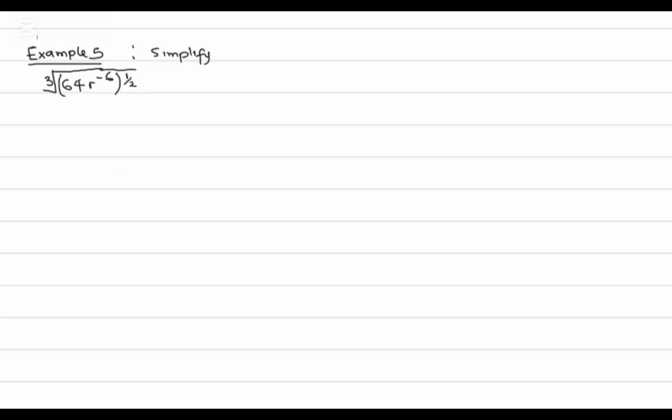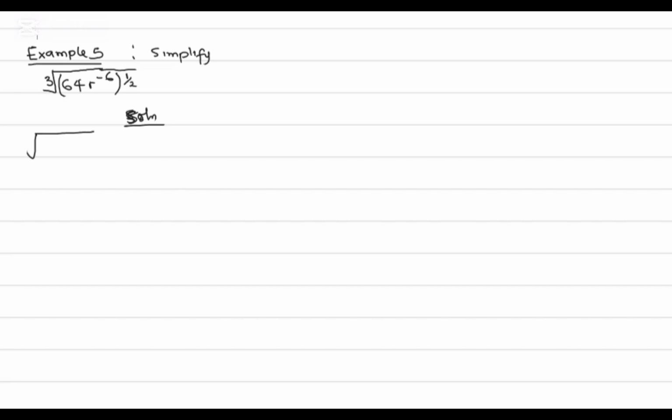So, let's look at this now. Third root of 64 r raised to power minus 6, all raised to power 1 over 2. This can simply be written as, because we are saying third root, the third root still existing, whatever is inside the square root.